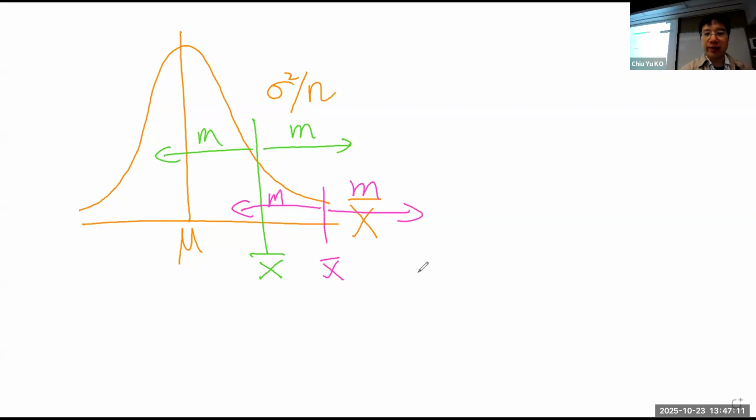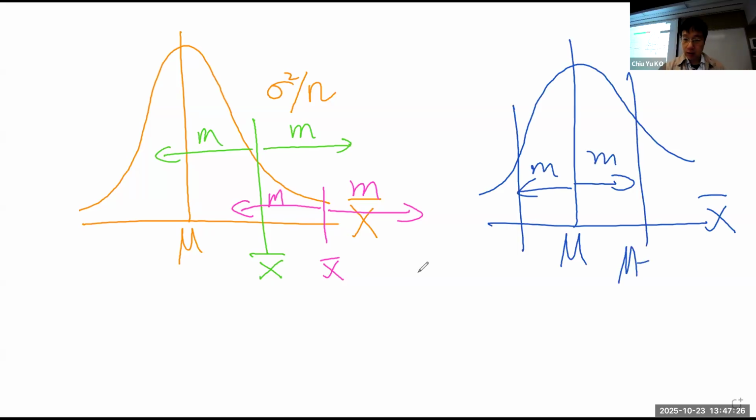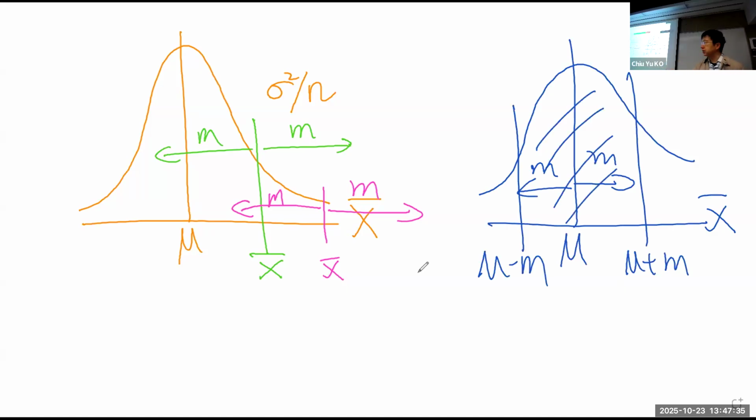It's the same as asking myself: I have mu, I go left and right by m, and this area is large enough.